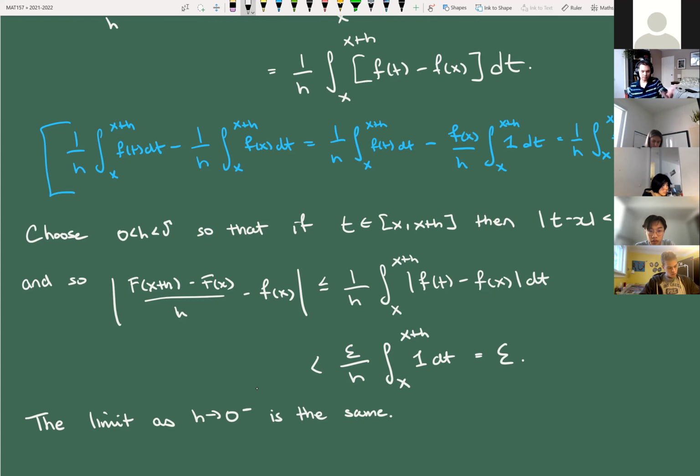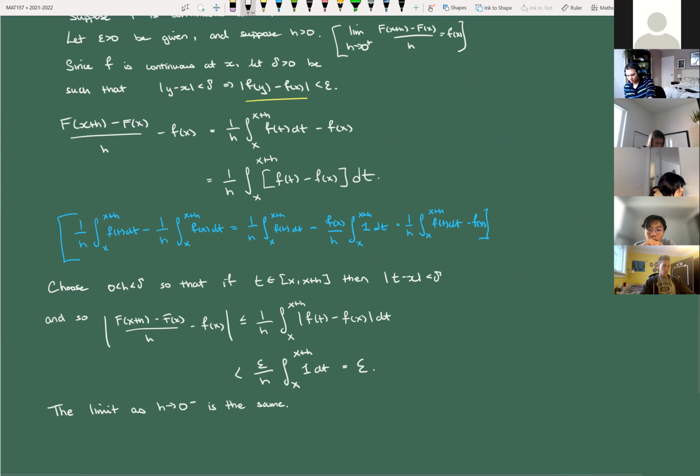It's just you always assume that h is now to the left of x. And so you'd do your manipulation there. You'd have x plus h in the lower bound of integration and x in the upper bound. But other than that, the proof is identical. Okay, so are there any questions about that one? That concludes FTC 1.